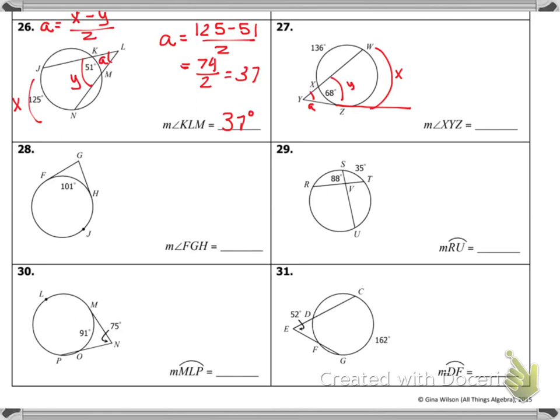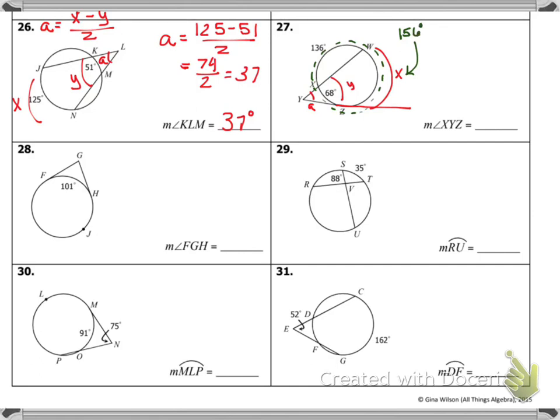I need to check though, because right now I don't know what this x is. And in order to find what the x is, I need to realize that all the way around my circle is 360. I've already accounted for 136 and 68. When I take those away, I'm left with 156 degrees.